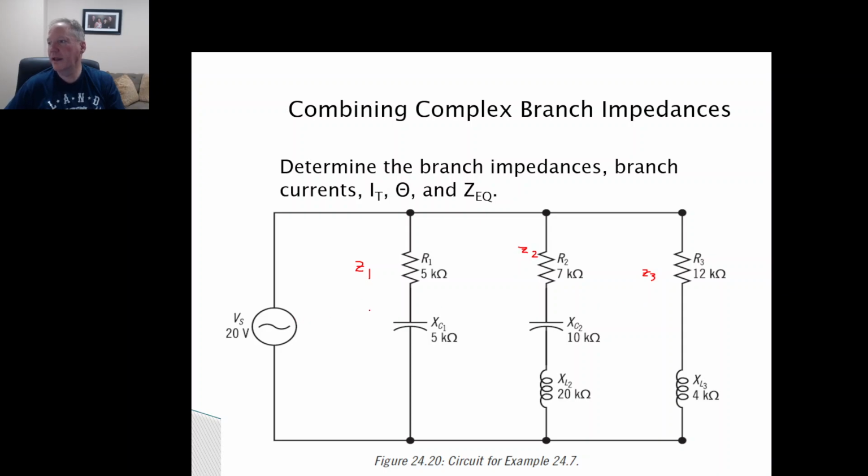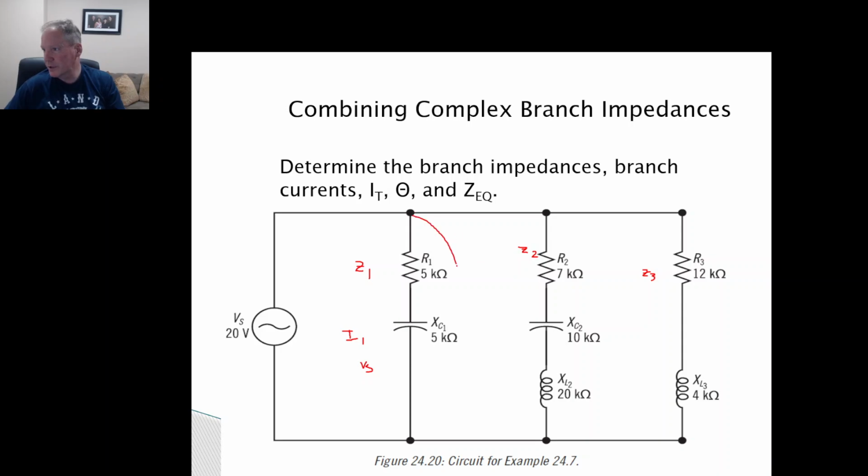And then once we have Z1, we can calculate I1, which will equal Vs, right? Because remember, in parallel, the branch voltage is the same.